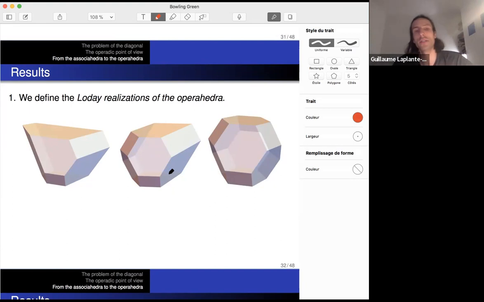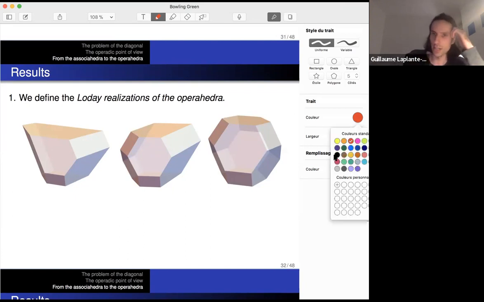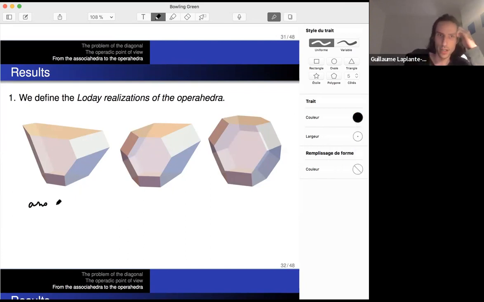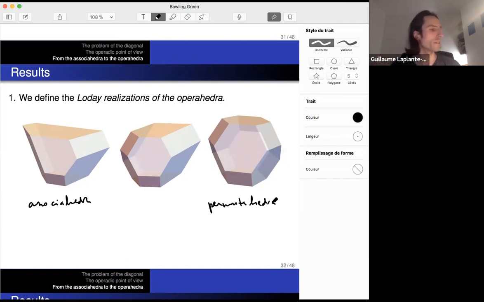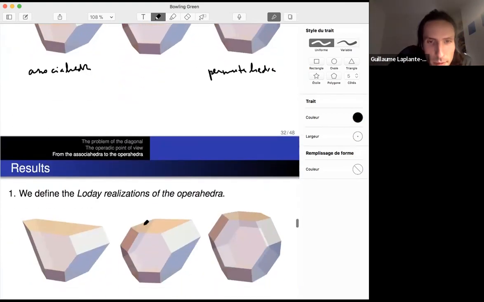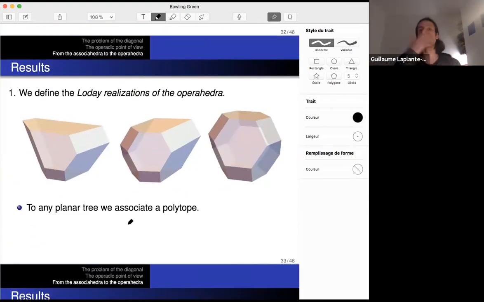So I defined first the loday realizations of the operahedra. You see that they generalize the associahedra. Of course you get the associahedra, but you also get another important family of polytopes, which are called permutohedra. And the faces of the permutohedra are in bijection with ordered partitions of 1 to n.